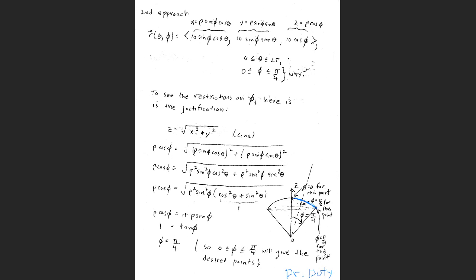So all the points here, phi has to be between 0 and pi over 4. Same over here. All the points here, phi has to be between 0 and pi over 4. Now, theta changes, right? It has to change in order to get the points over here.